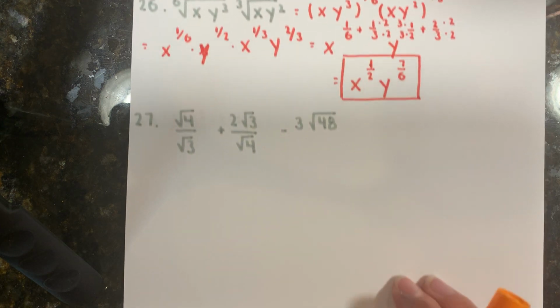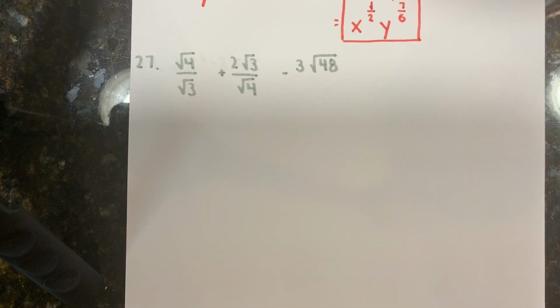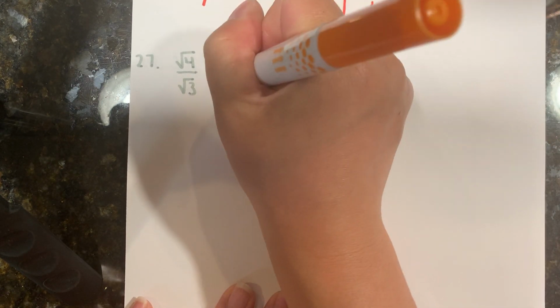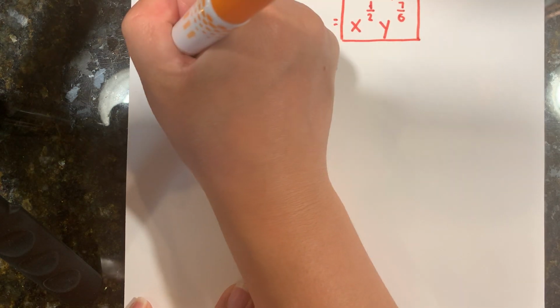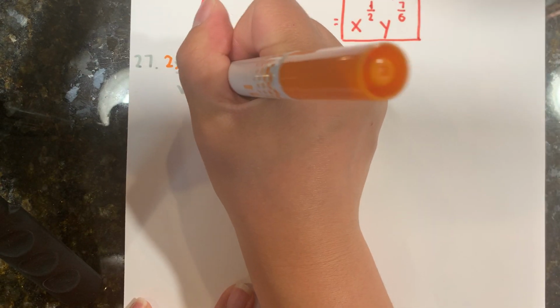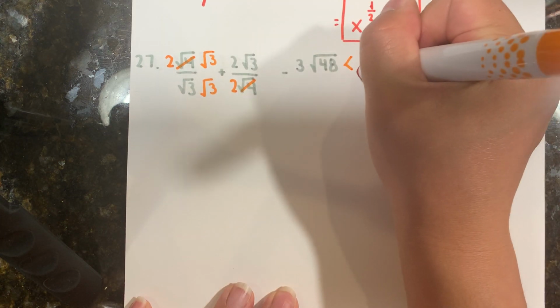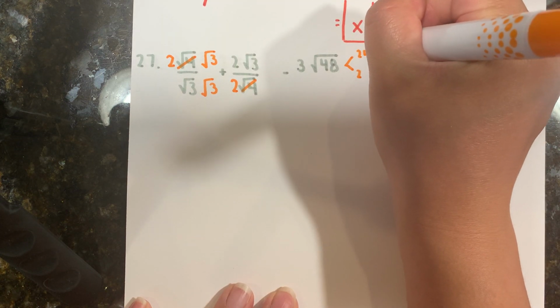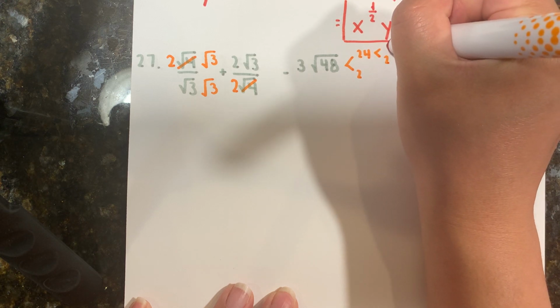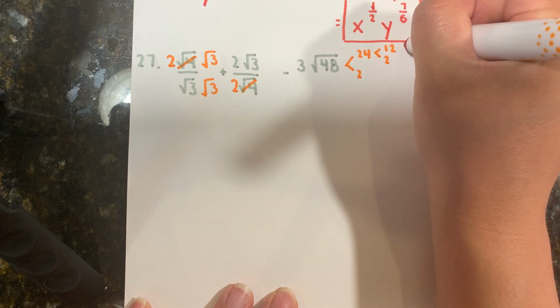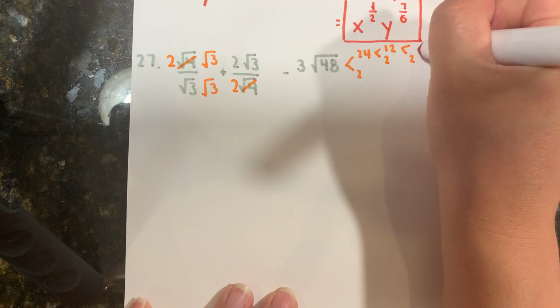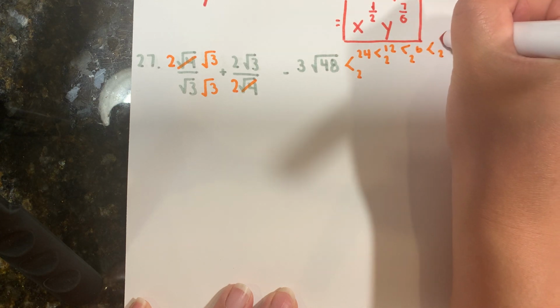Now for number 27, you should be able to recognize that the square root of 4 is equal to 2. And then I have to multiply top and bottom by the square root of 3 and simplify the square root of 48. So that would be 2 and 24, then 2 and 12, then 2 and 6, and 2 and 3.